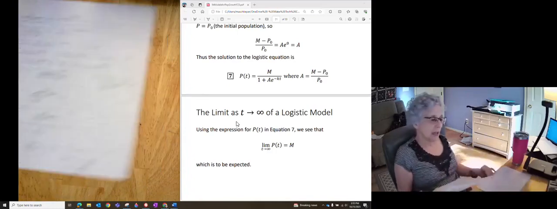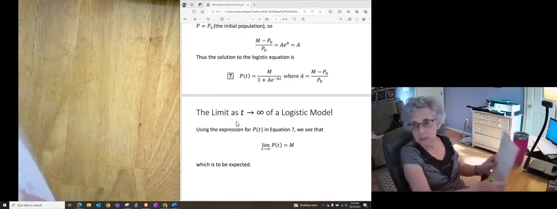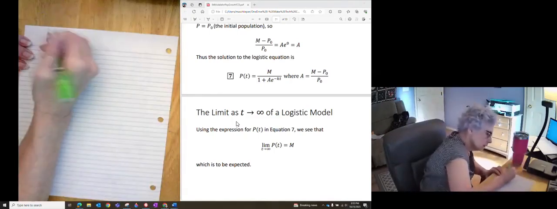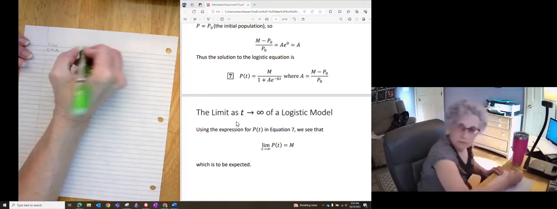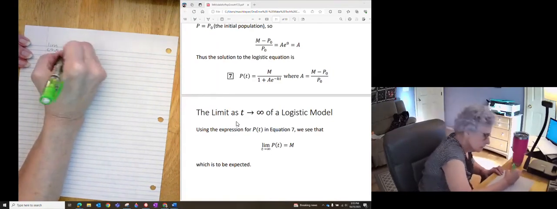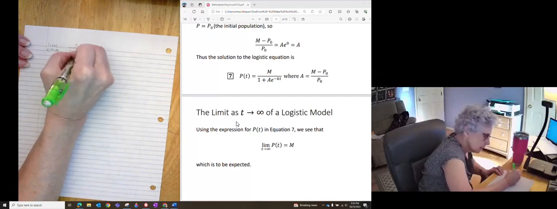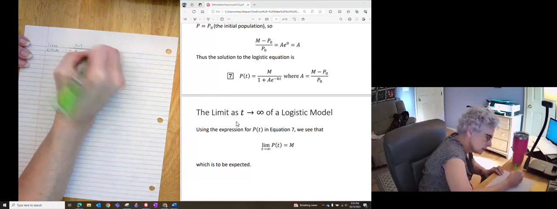Now, if you look at the limit of this function, p sub t here, look at the limit as t approaches infinity of m over 1 plus a e to the minus kt.